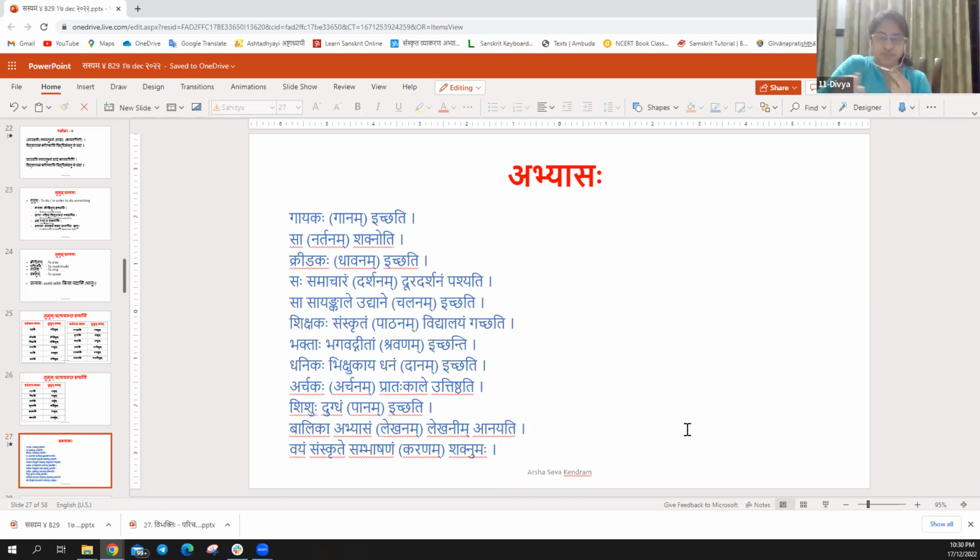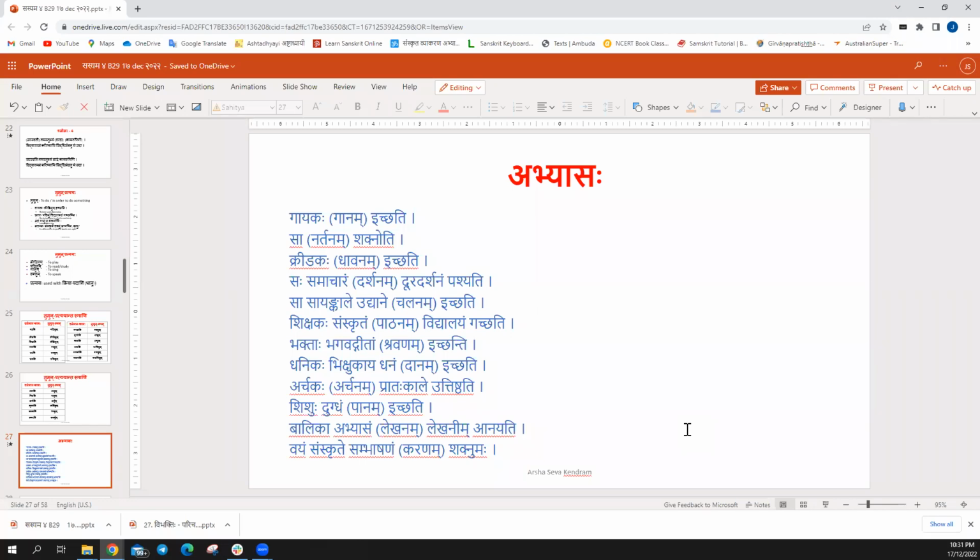Archakaha archayitam. So in order to worship, the priest gets up early in the morning. Suraksha Mahodaya. Shishuhu dugdam panam ichati. So panam is pibati.